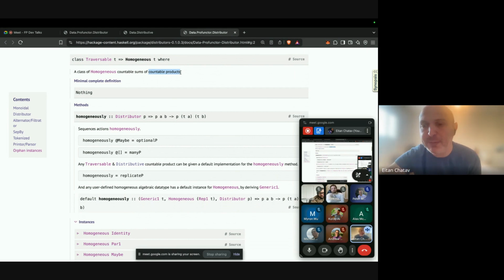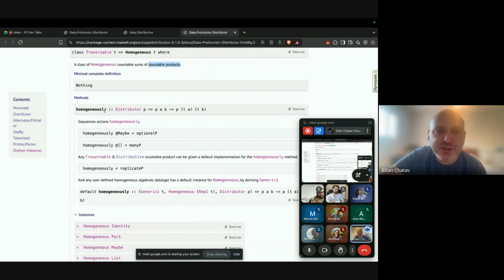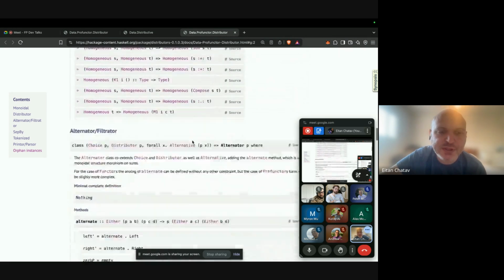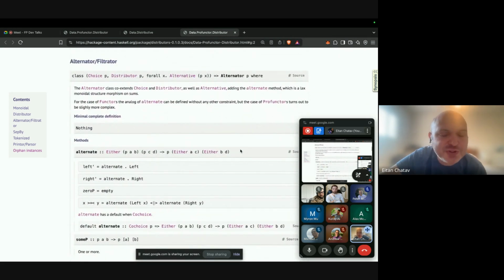So it's a countable sum of countable products. And it's homogeneous because the only thing you can put in a list are the items of the list. You can't put an extra integer in there. Okay? And the homogeneous class in some ways classifies our distributors. So we can say homogeneously, given a distributor for P A B gives us a P T A T B. Okay, we don't need to say too much about homogeneous though.